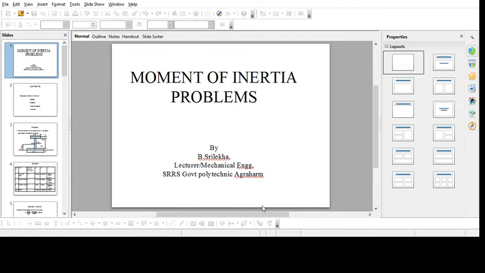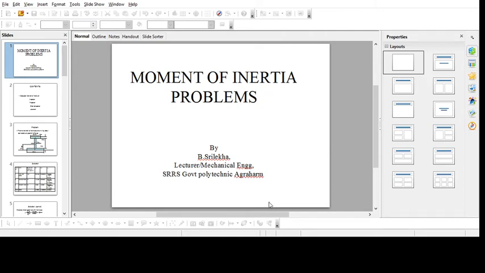So if I take all the values, it is 2 into 9 into 44 cube by 12 plus 396 into 10.8 square plus 100 into 5 cube by 12 plus 600 into 14.2 square.